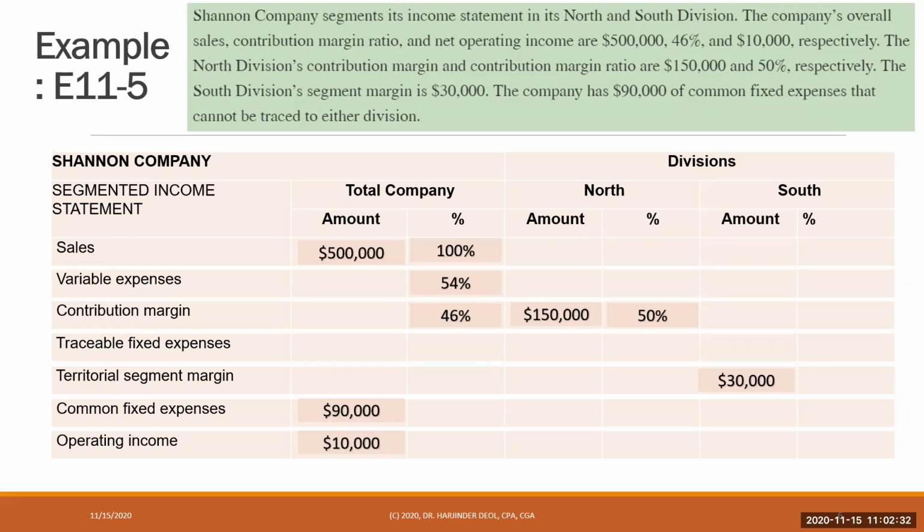Now that 54% times $500,000, the total sales, gives us $270,000 as variable costs for the entire company. And $500,000 sales minus the variable costs of $270,000 gives us contribution margin of $230,000.